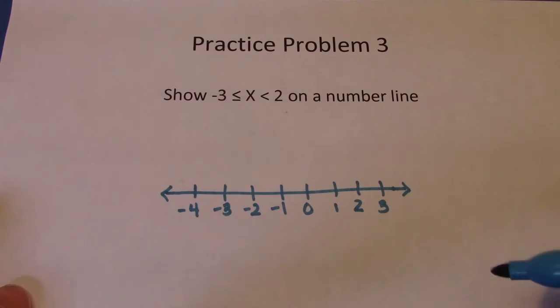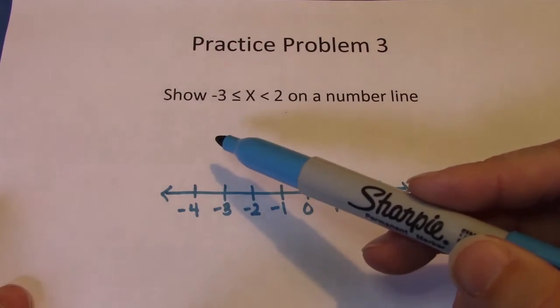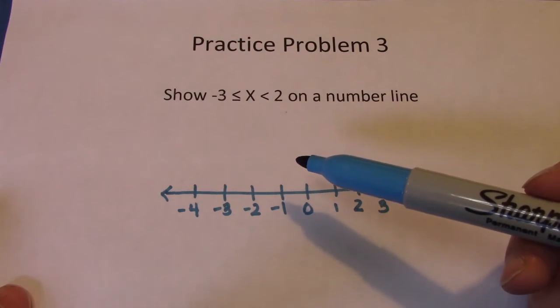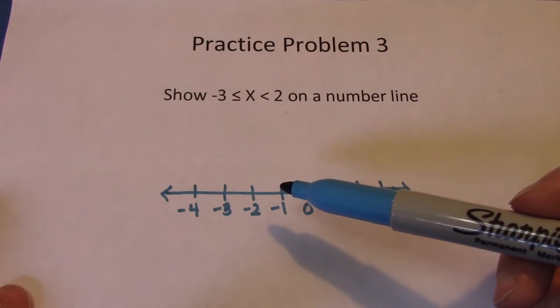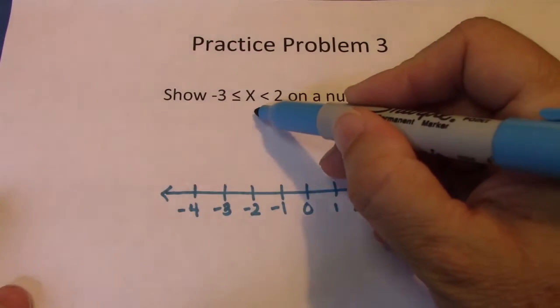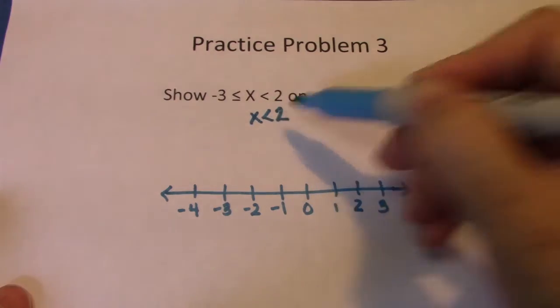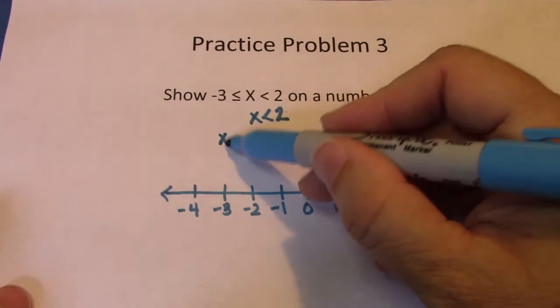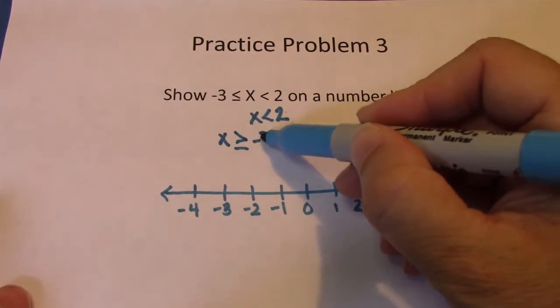Problem number 3 asks us to show -3 less than or equal to x, which is less than 2 on a number line. That's a compound solution, and in fact it's the intersection of these two conditions. The first one is x less than 2, just the way it looks there. And the other one is x greater than or equal to -3.